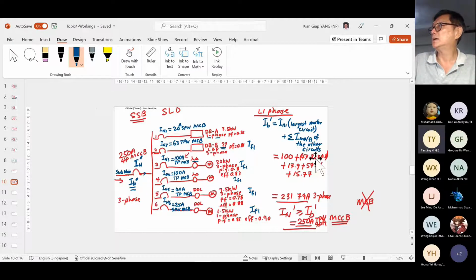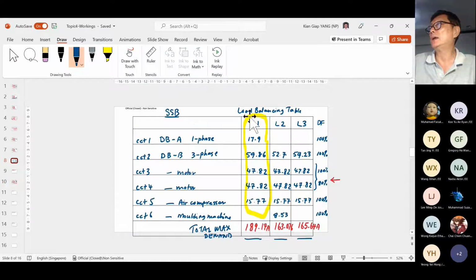This one, yeah. Okay. What happened is that if I go back to the load balancing table, I'm supposed to apply the diversity factor. Can you see the diversity factor here? The reason why all are 100% is because this DBA, all this inside here, already have the diversity factor built in.